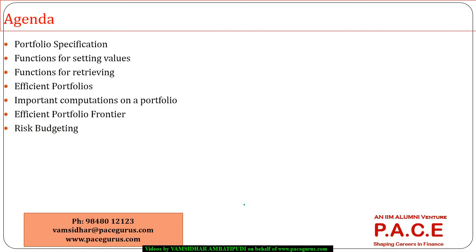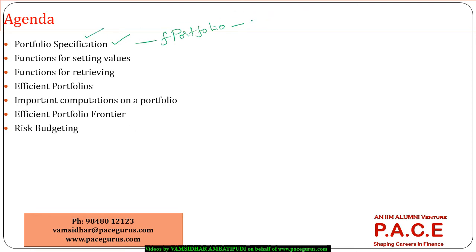So going into the agenda for this session, we will talk about the various specifications of the portfolio. How I can build a portfolio, and what all kinds of specifications I can give as a part of my portfolio specification.